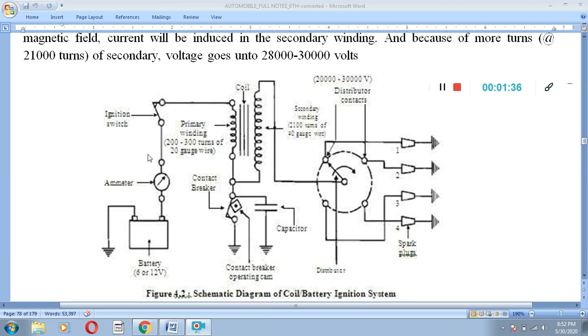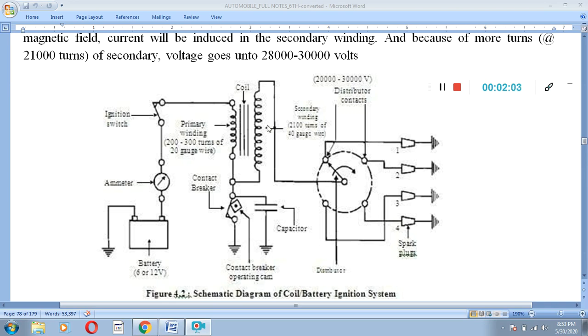It consists mainly of two coils, two windings, that is primary winding and secondary winding. Ignition switch and ammeter are required here. Battery is very important, a 6 to 12 volt battery. Coil, capacitor and contact breaker operating cam are also there.